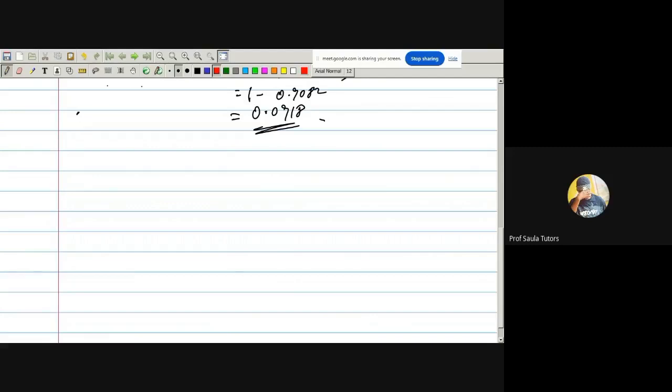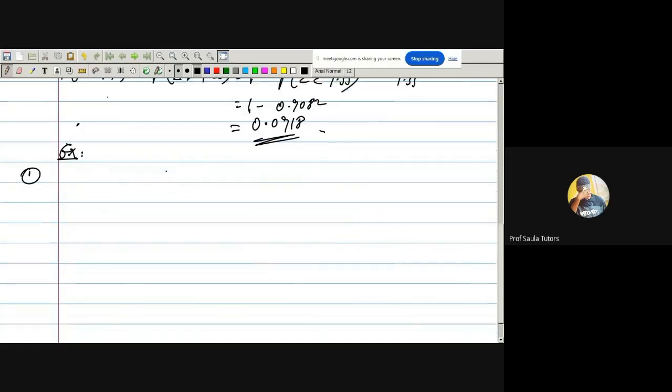So, example. They said that, actually, I've solved this first one.